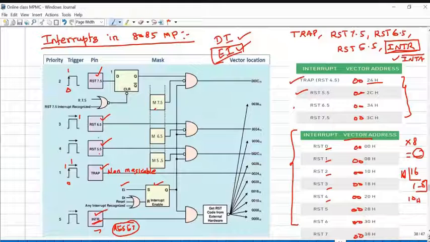But out of RST 7.5, 6.5, 5.5, RST 7.5 is sensitive to edge triggering, so we need one flip-flop. For the remaining 6.5 and 5.5, we do not require any extra flip-flop to control this particular interrupt.